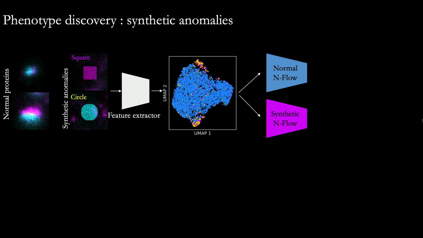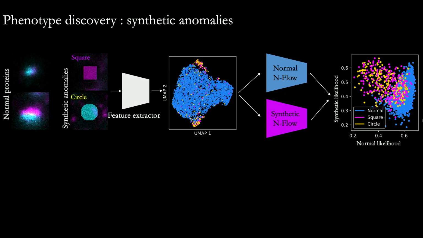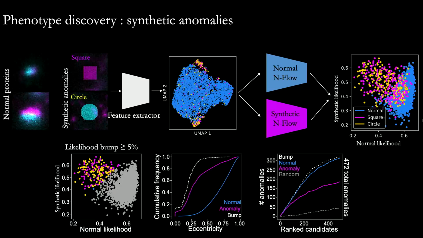We are really at the beginning, but what I can show you is that it's working if we work with synthetic anomalies, though of course they are very different, so that was expected. By using this approach, we're able to detect differences between normal synapses and synthetic anomalies.